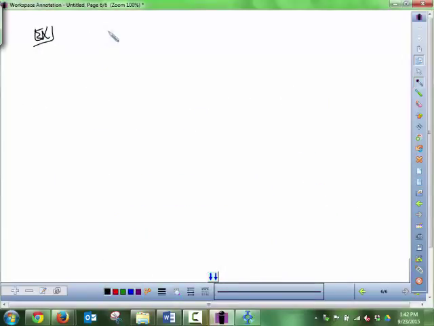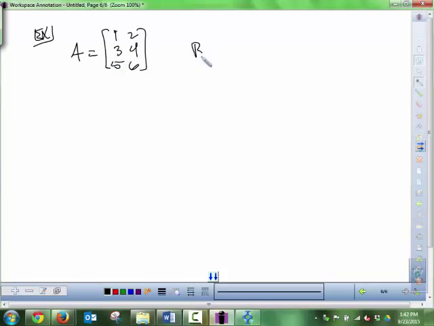So let's do another example. Let's take a look at an A matrix, let's go with a 3 by 2: 1, 2, 3, 4, 5, 6. And let's get another matrix that is 3 by 5: 1, 2, 3, 4, 5, 6, 7, 8, 9, 10, 12, 13.